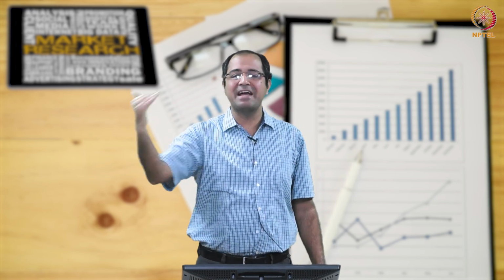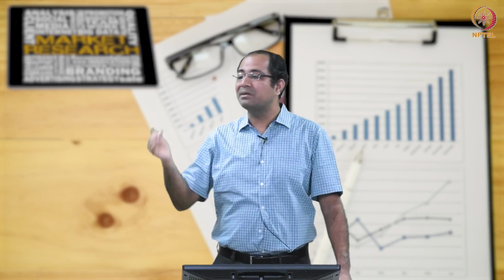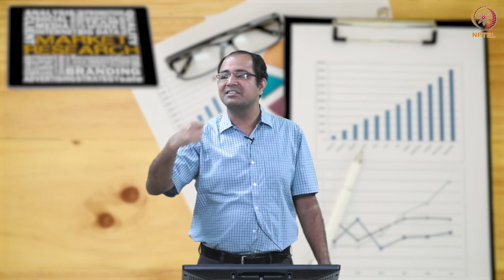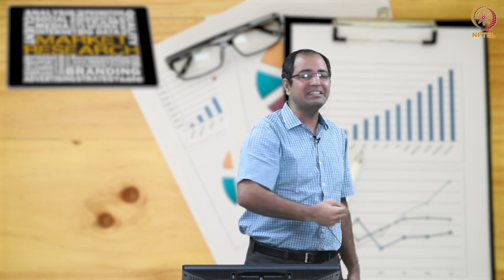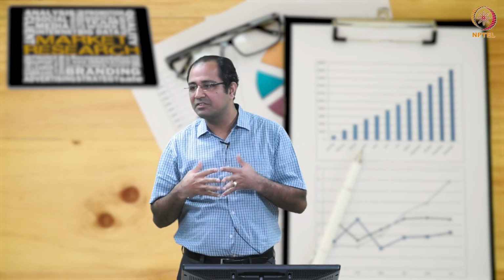You do not compare objects, you rate them separately. I would not say independently, but separately. So that becomes the rating, and the kind of scale that you arrive at is an interval scale. And with the interval scale, you can do a lot of statistical analysis.